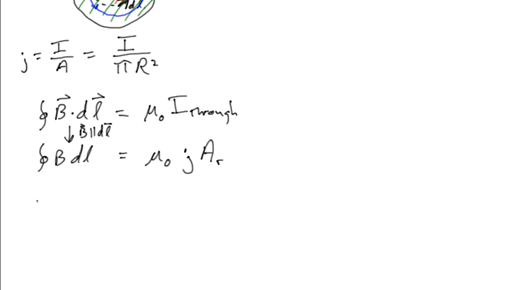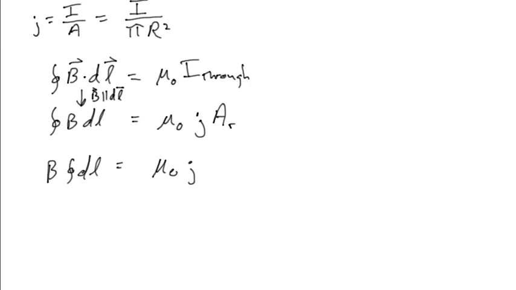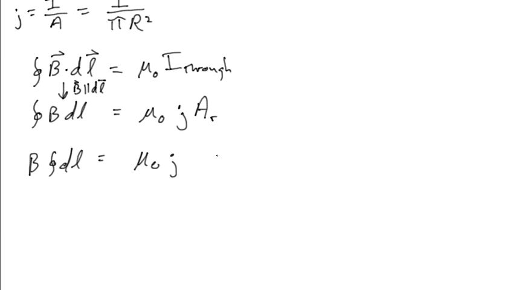So this is just going to turn out to be B times the integral of dl, equals mu 0 J. Now the area of that red region is going to be pi times little r squared, so I'll make that replacement.